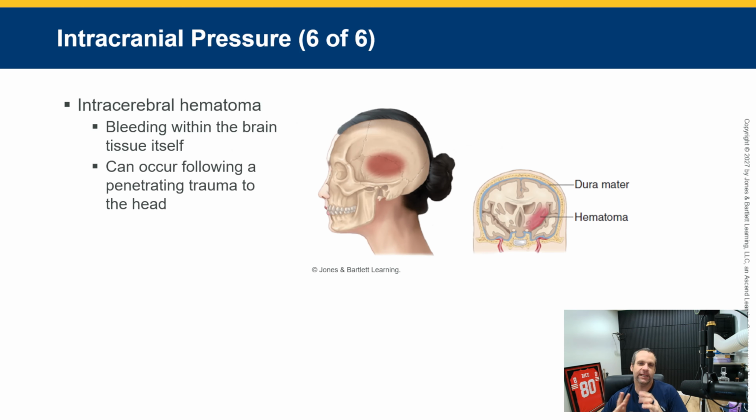Now we're going to talk about an intracerebral hematoma. Okay, so now this is actual bleeding inside of the brain tissue itself. Okay, penetrating trauma again is going to be one of the more common causes, but again, a severe blunt trauma could damage vessels inside the brain.